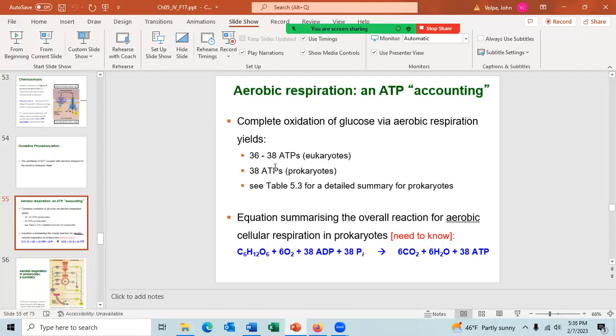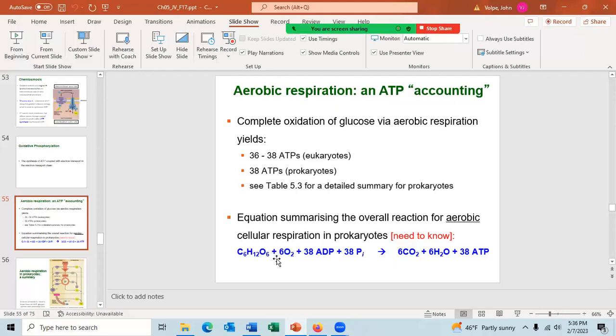The 38 ATP being made in the heart, the liver, and the kidney cells. All the other cells make only 36. And then prokaryotes are a little more efficient. They make 38 ATP per molecule of glucose. Any question about any of that?